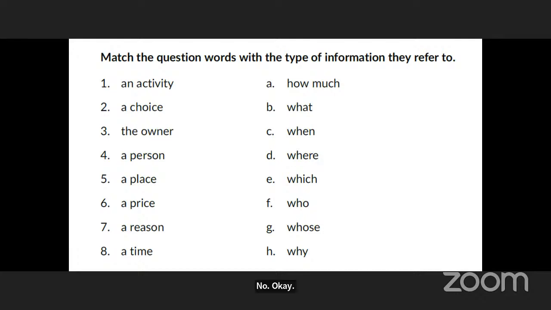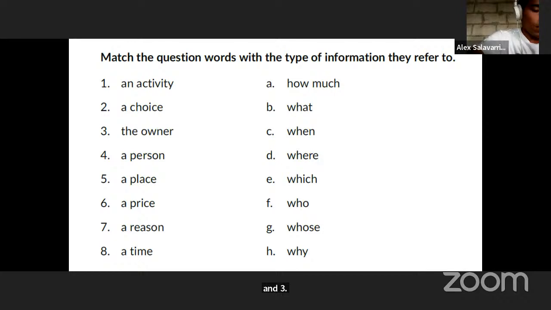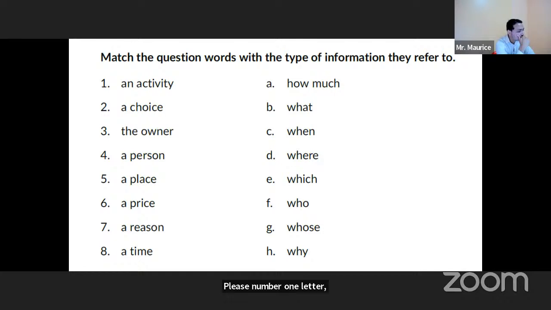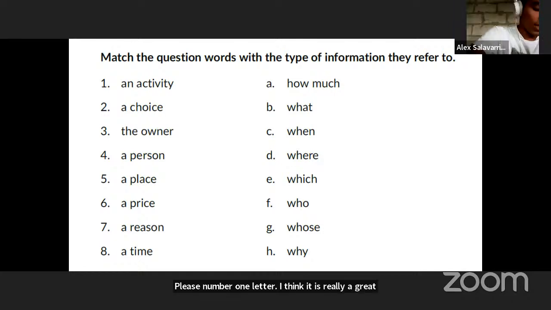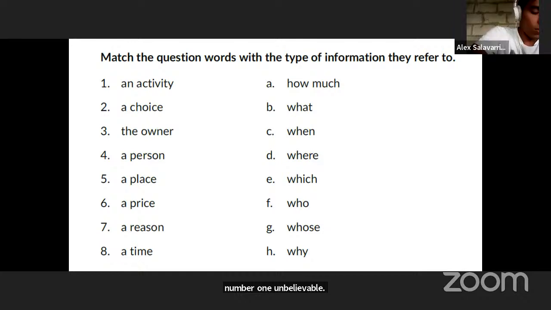Alex Salavarria, please help me with the number 1, 2, and 3, please. Number 1 letter. He resumido la 4, la 2 y la 5. Okay, you don't have the number 1. Okay, you tell me. Number 2. La 4 es con who.